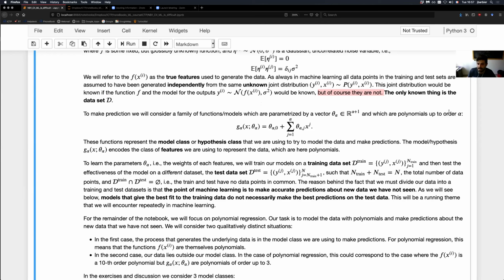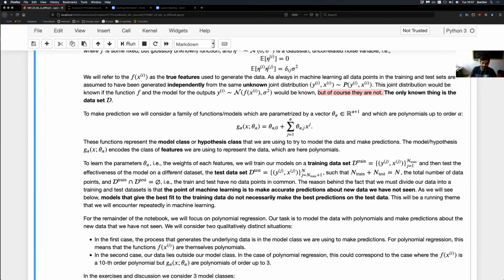This hypothesis class will be parameterized by a vector theta alpha, of size alpha plus 1, which are the coefficients in the decomposition of this point in the polynomial of order alpha. The first coefficient is a constant. The second coefficient is in front of x. The third coefficient will be in front of x squared, and so on and so forth. So here is our polynomial.